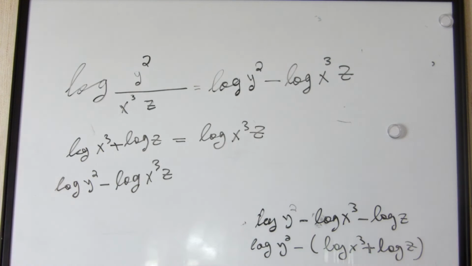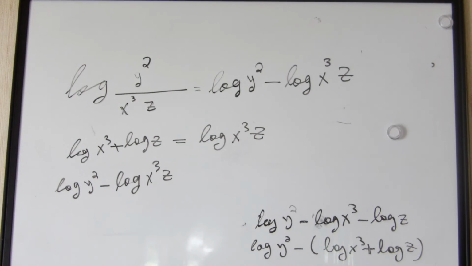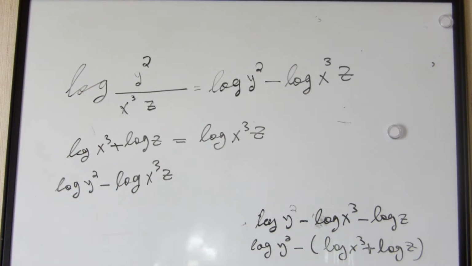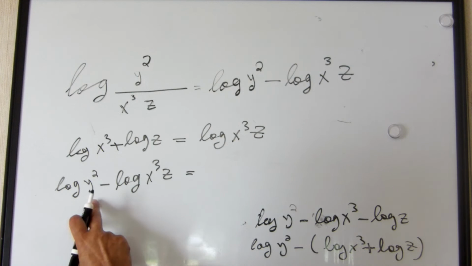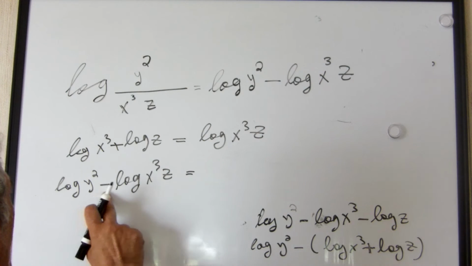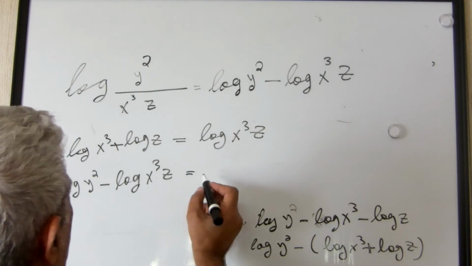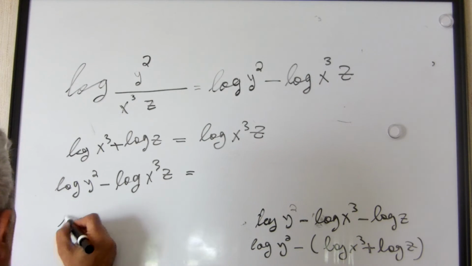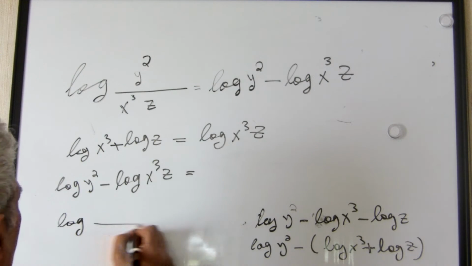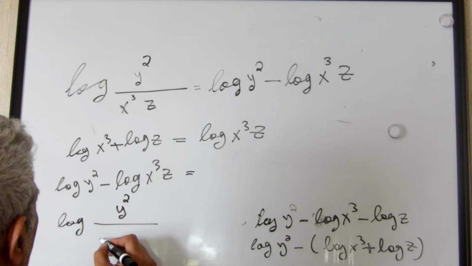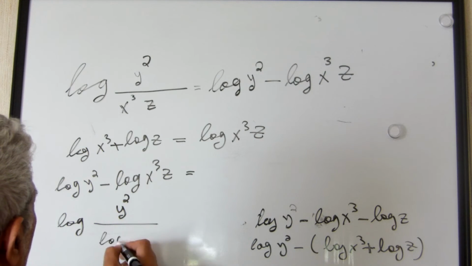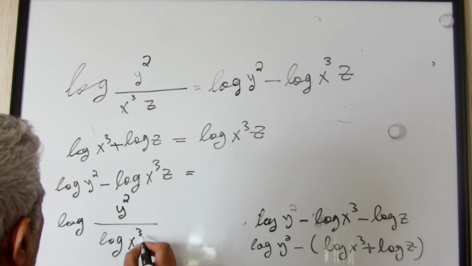And now we can change to division. This is minus between those. It's going to be changed to division, which is equal to log of y squared over x3z.